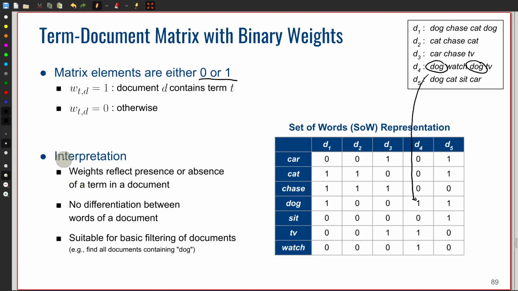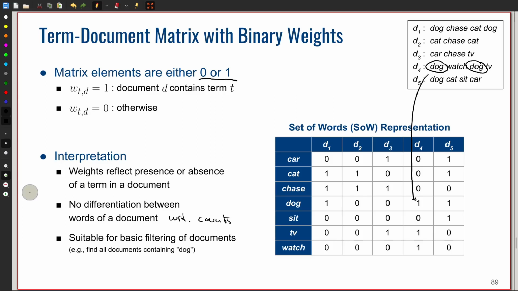So this basically means that these weights indicate the presence or absence of a term in a document. But other than that, there's no other differentiation between the words of a document, particularly with respect to the counts. Because again, we treat dog and watch equally, despite dog being in the document twice and watch being in the document only once.